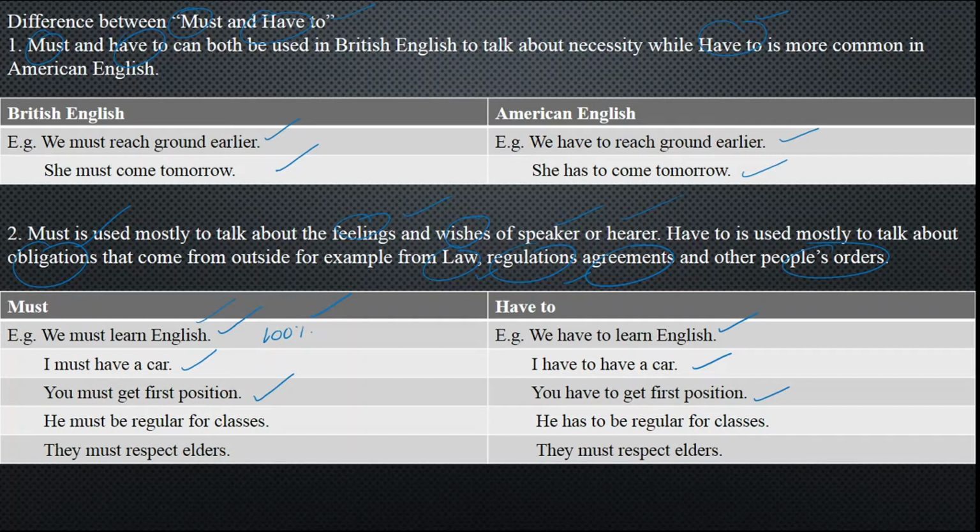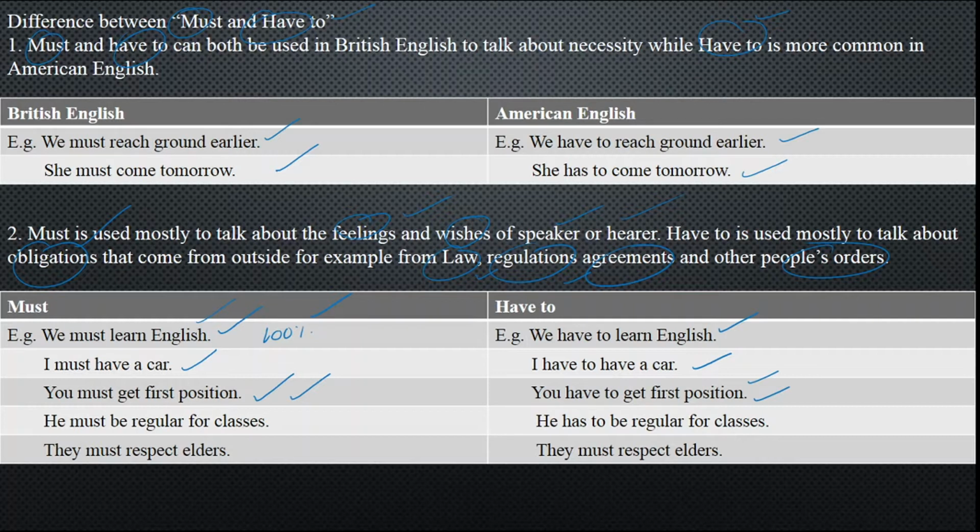It may be people's demand or order, or an agreement with someone, or rules and regulations. So if I say "you must take first position," it is the feeling or thought of the parents, but with "you have to get first position" they put a condition: if you get it, they will buy anything for you, otherwise it is impossible. So that is the difference.